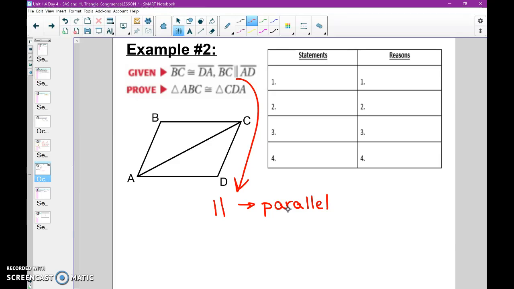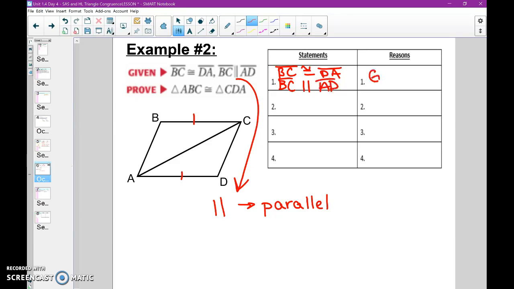So let's go ahead and repeat what we've got in our statements and our givens. We've got that BC is congruent to DA. We could mark that in the picture, so let's go ahead and take care of that. BC, DA. Boom. Marked. Done. We also know that BC is parallel to AD.